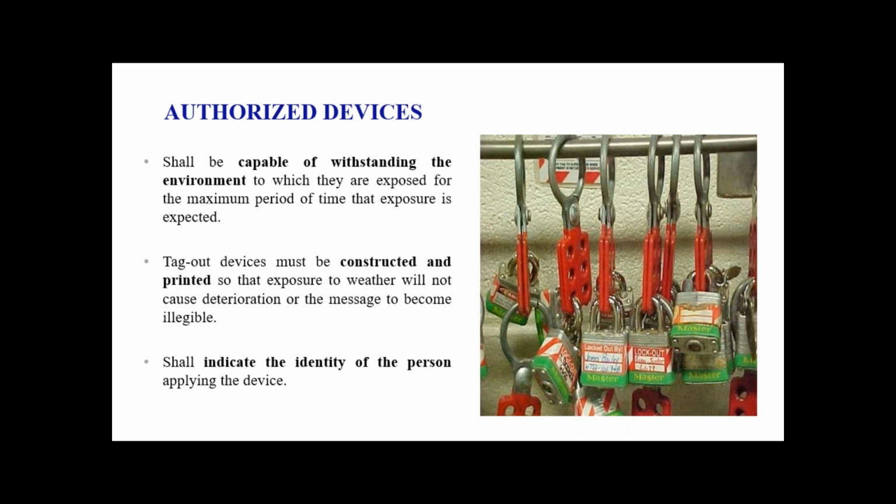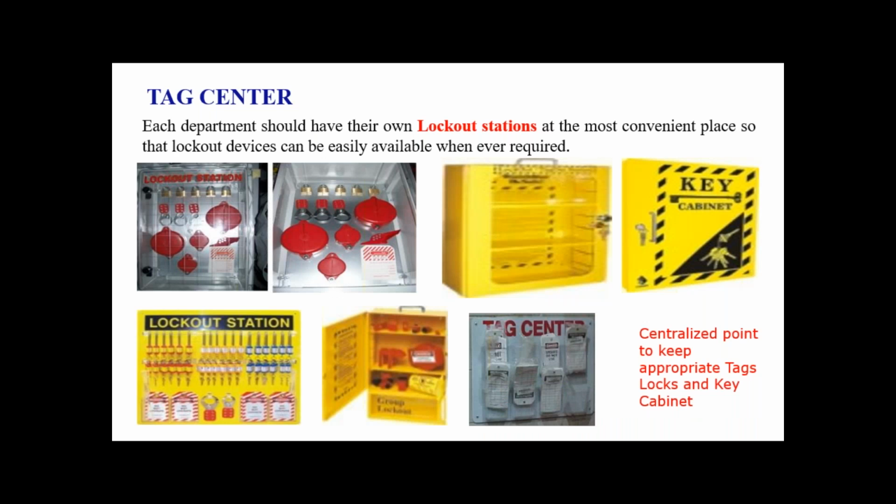That time may be tentative, because sometimes an extension of time may be needed, for example from 12 to 2 p.m. The authorized person's sign should be mentioned, so that we can understand this person has locked these energy sources, and due to this tag we know we don't have to operate this valve, start these buttons, or plug in, etc. So these are the characteristics of these authorized devices.